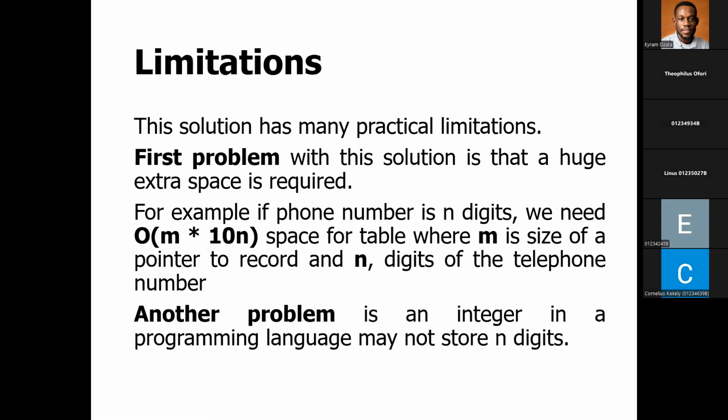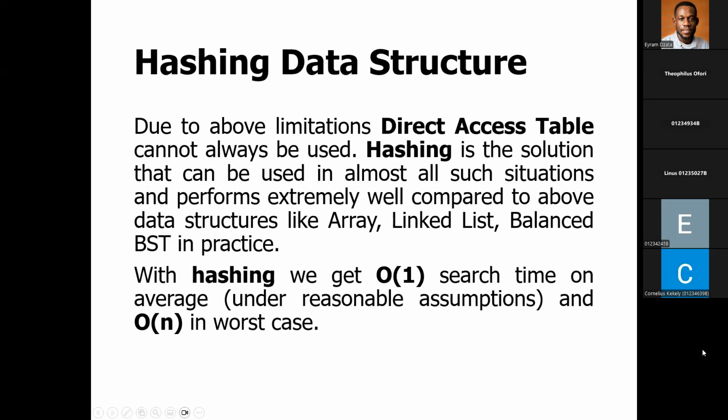Now another problem is that an integer in programming may not be stored in n digits. So that can also be another issue. Due to these limitations with the direct access table and the other approach that we mentioned earlier, hashing is introduced to solve those issues.